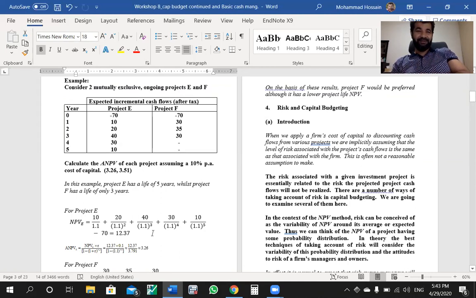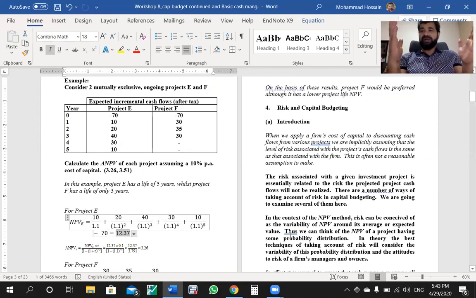Here we can see 12.37. Today we invest for project E. Both projects require $70,000. You make the investment of $70,000, and it gives some money back every year. The present value shows that all these figures are not equal, which means they're not an annuity.